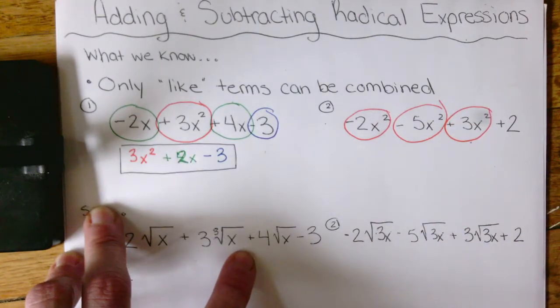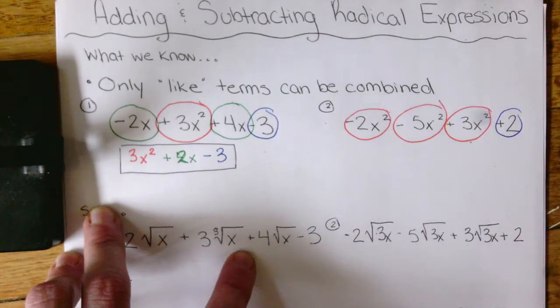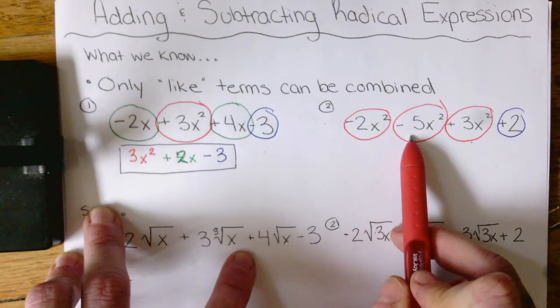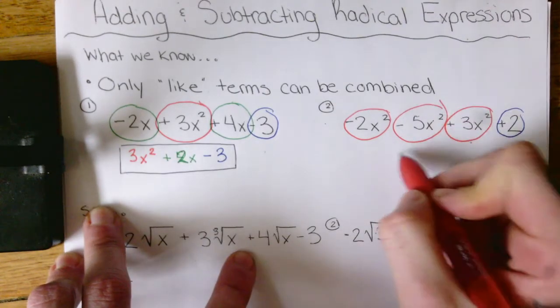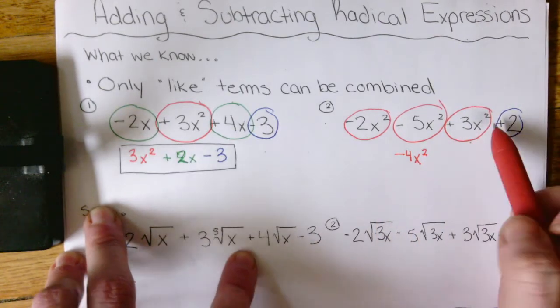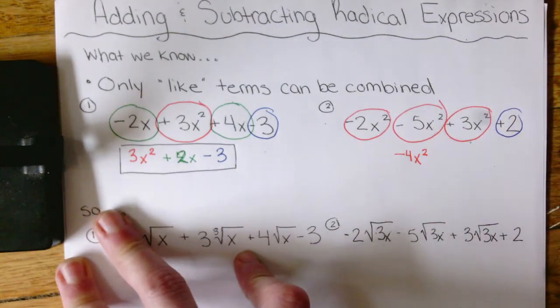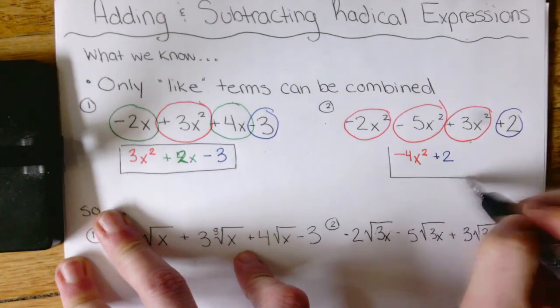No linear terms, only constant terms. So I would have negative 2x squared minus 5x squared gives me minus 7x squared plus 3x squared rather. So negative 7x squared plus 3x squared is negative 4x squared. And then we have plus 2 here.